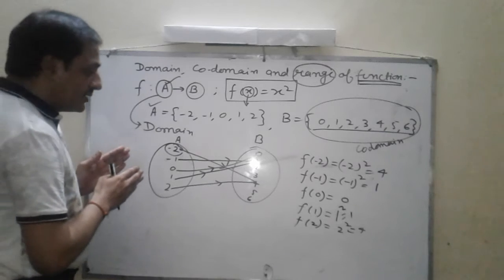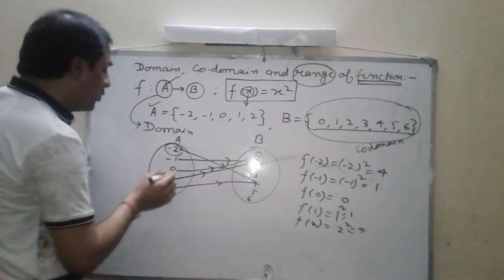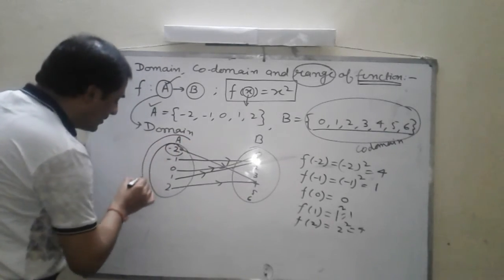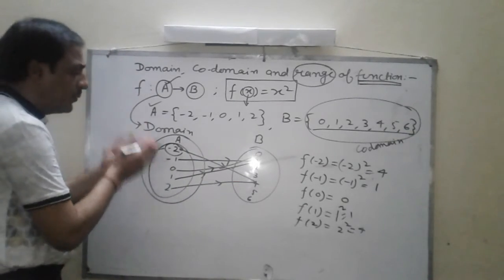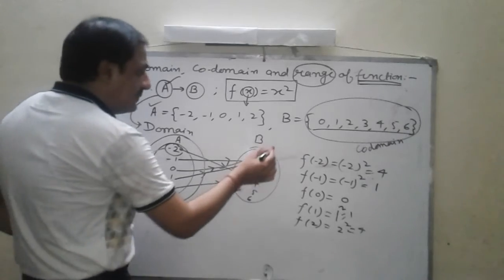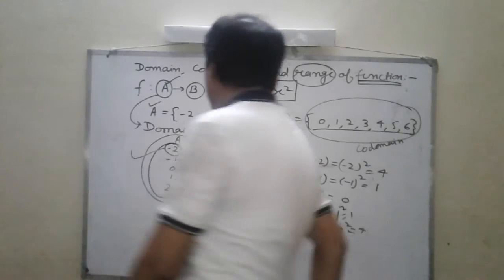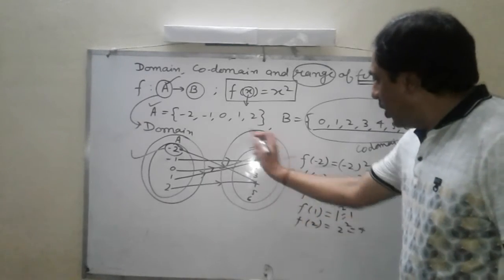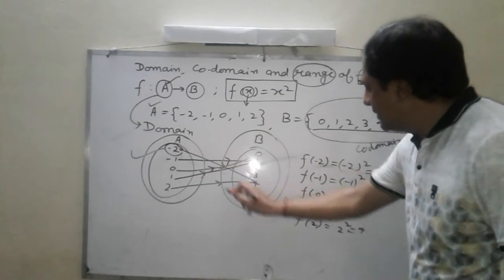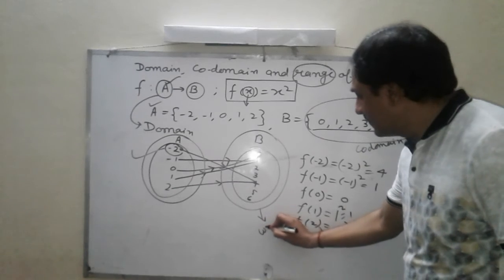Here the domain is what? The domain is the set of all the elements of set A. And all the elements of set B are called the codomain.